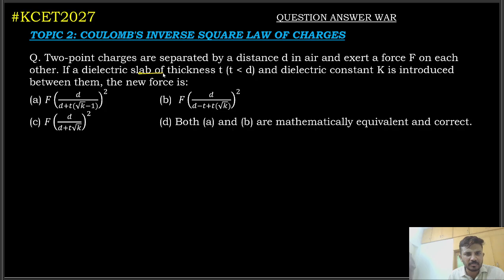If the dielectric slab is introduced between them, the force becomes, so both A and B are correct mathematically. Here instead of R they have taken D, so force is given by 1 over 4 pi epsilon naught q1 q2 by D square. The ratio of new force to the old force they have given, so both A and B mathematically are correct, so that's why I will go with the option D.